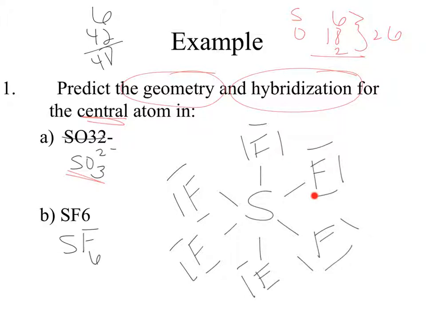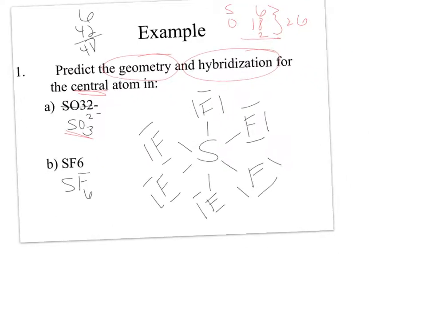My hybridization. For hybridization, we're going to look around our central atom. This sulfur in its basic state has S, P, P, P. In order to bond, it's going to promote 2 of these electrons into d orbitals.